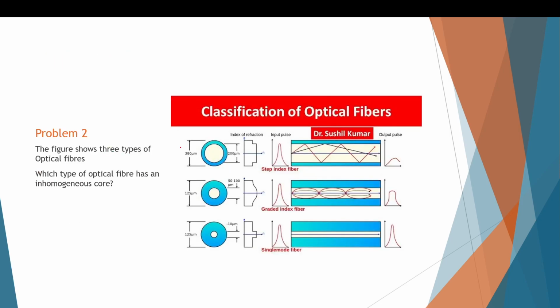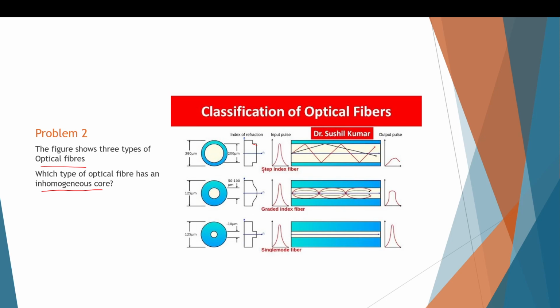In the case of optical fibers, this problem says that the figure shows three types of optical fibers. Which type of optical fiber has an inhomogeneous core? First let us see all three types of fibers given here. In this case, the core has a higher refractive index compared to the cladding, however the refractive index remains the same throughout.